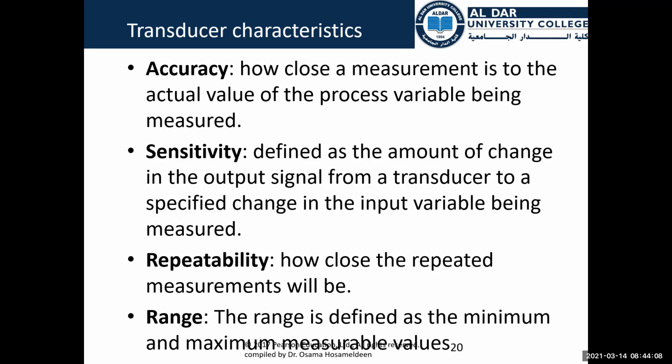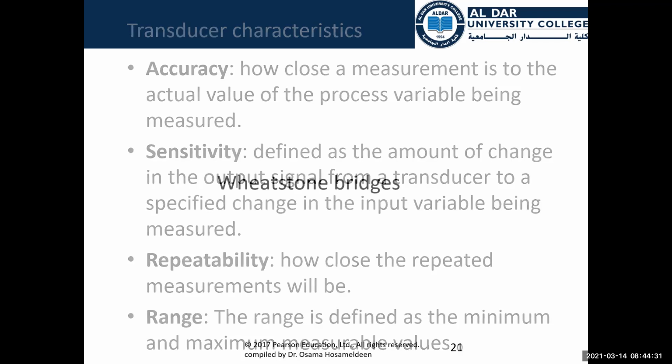The weight of gold is very light. The weight of a human is different from the weight of cars. So the weight sensor will measure different ranges. These are the characteristics of the transducer.